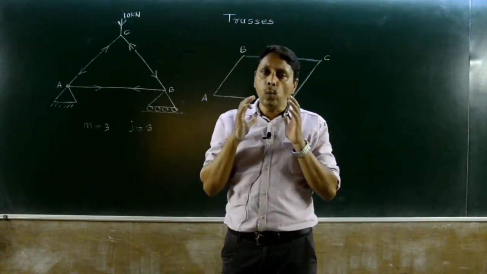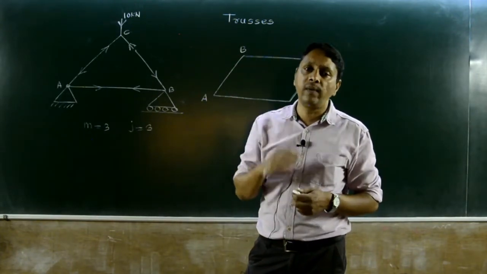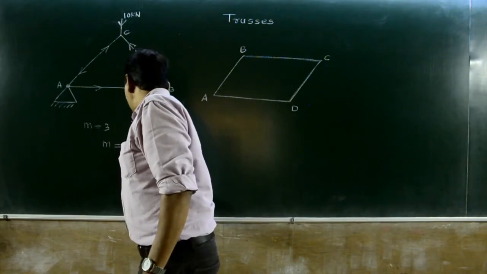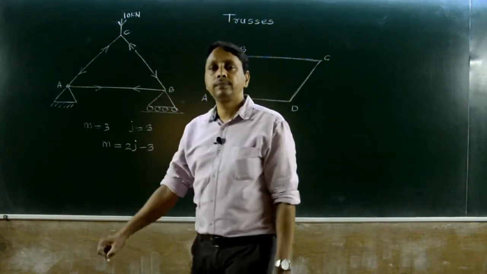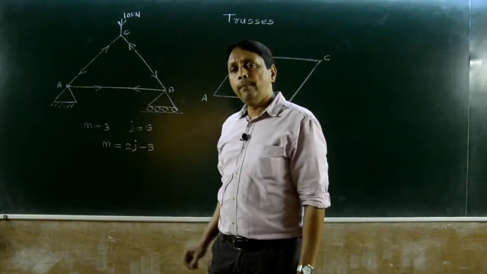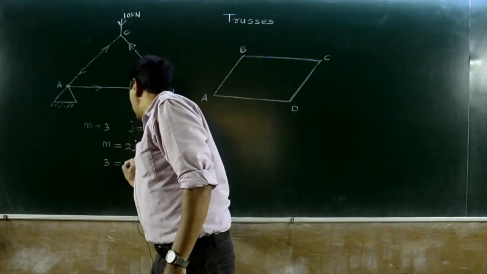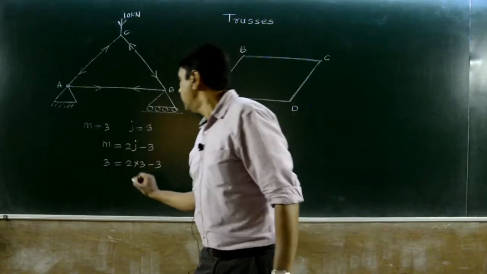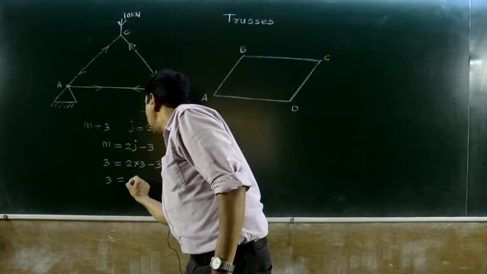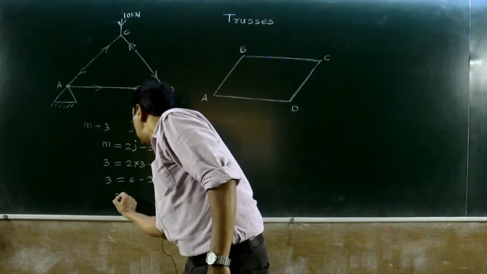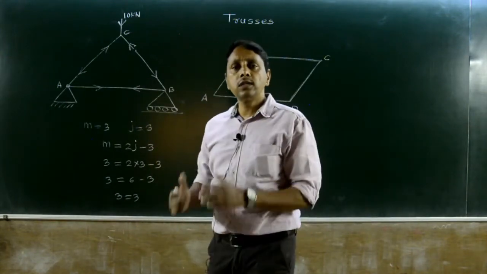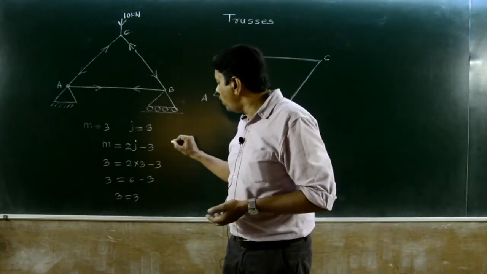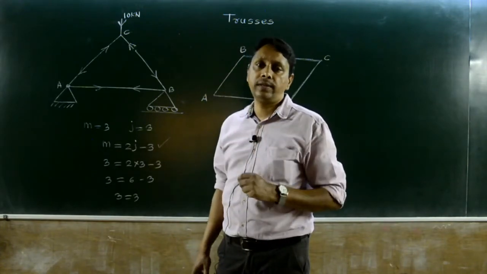To check whether a given truss is perfect or imperfect, there is one relation every truss has to satisfy: M is equal to 2J minus 3. M is 3 members. Joints are 3. 3 2s are 6, minus 3, so 3 is equal to 3. This triangle, as a basic truss, follows the relation M equal to 2J minus 3.